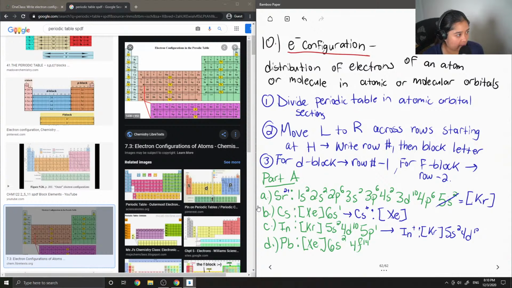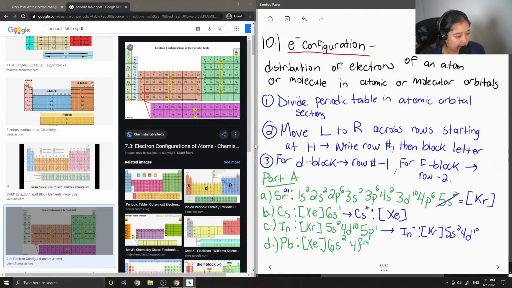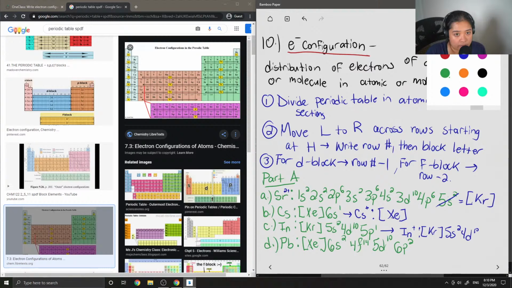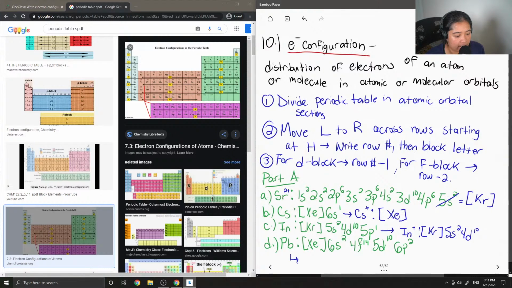They are inserted kind of where this red line is. So 4f14, 5d10, and then 6p2. Okay, so when we have lead 2+, we take away the last 2 electrons.